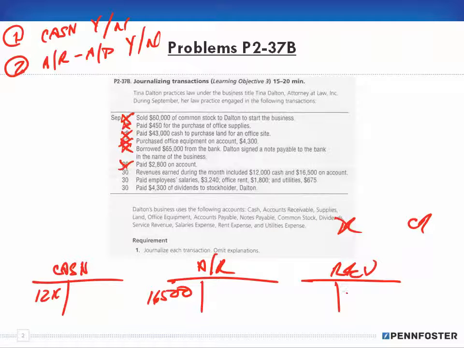That means I have to have 28,500 on my credit side for my revenue, right? So notice what I did is I combined those two totals to get 28.5 there. I mean, yes, I could have written 12,000 and 16.5 there.